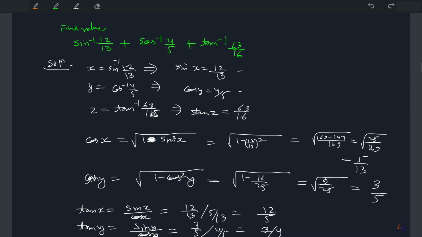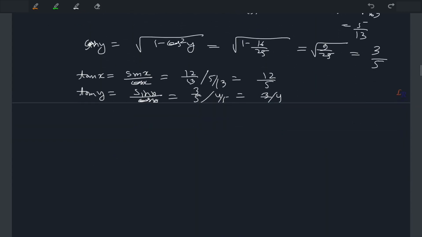Now let's solve further. Now utilize that trigonometric function property here, tan of x plus y, and that we can write as tan x plus tan y upon 1 minus tan x tan y. Okay, now put the values of tan x, tan y we just calculated here.